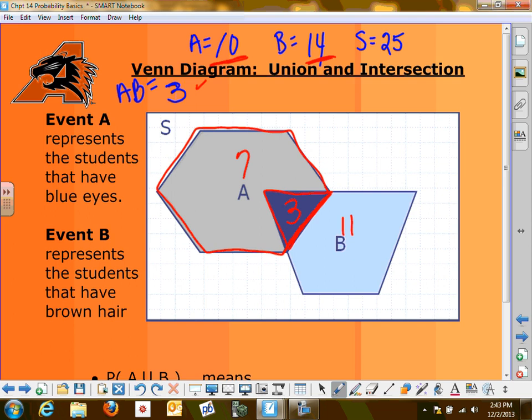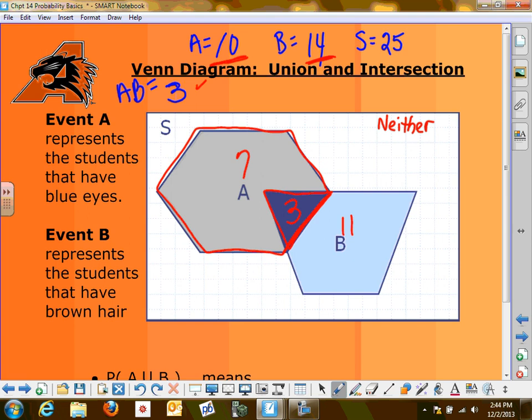Okay, so let's count then who has neither blue eyes nor brown hair. Who didn't raise their hand for either one of those? 1, 2, 3. You didn't raise your hand for either? Okay, 4. Well, let's see if we're good. Y'all got 4. Count this up.